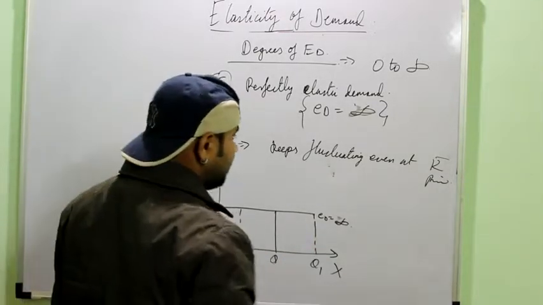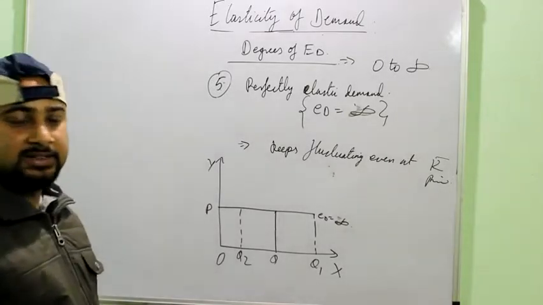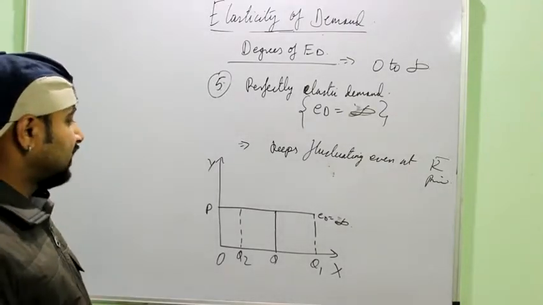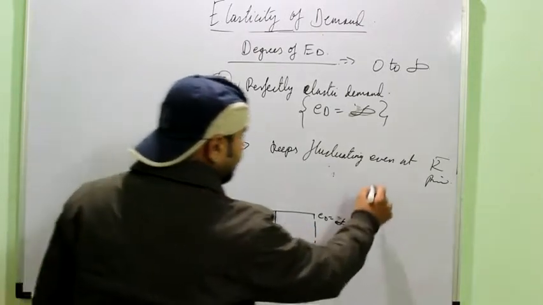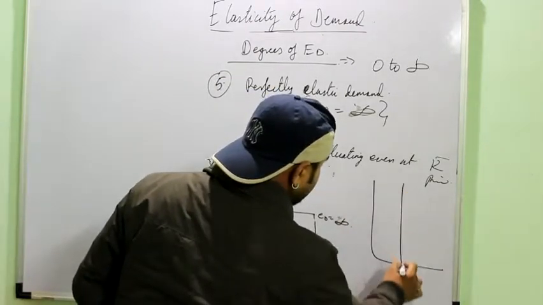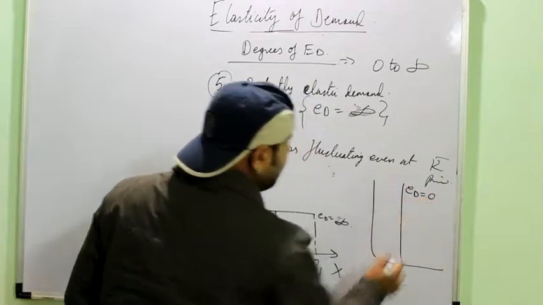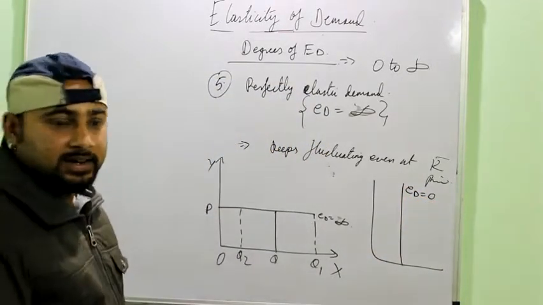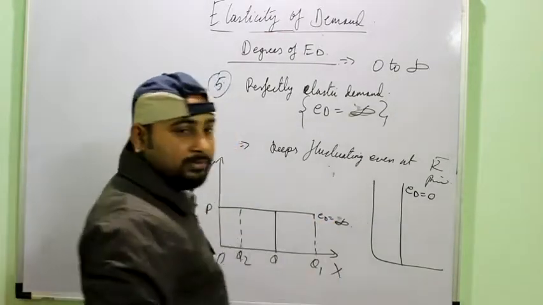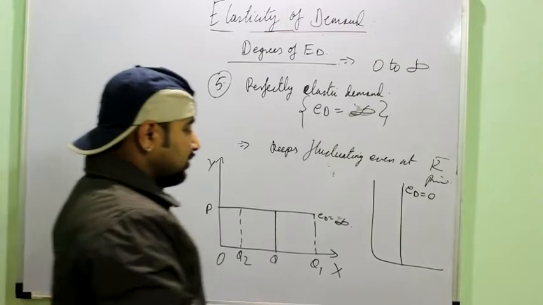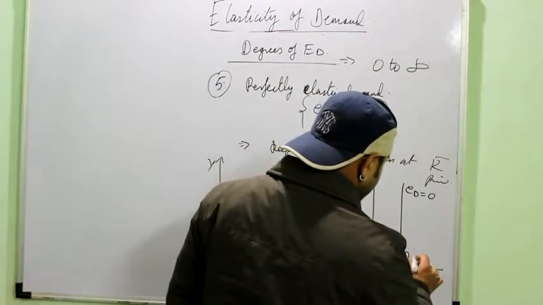Now one thing to observe from all these degrees of elasticity, you can just refer back to your diagrams. When we started, the first degree of elasticity, just to remind you, was ED equal to 0. But as we increased our degrees, what happened? The steep curve became a horizontal line. So we say that this is the slope.